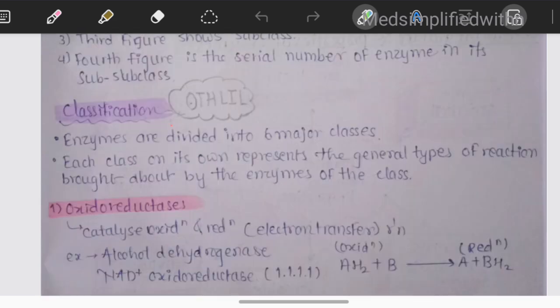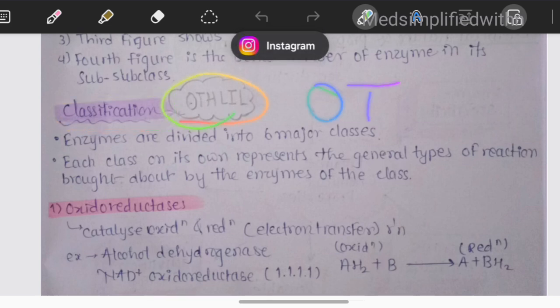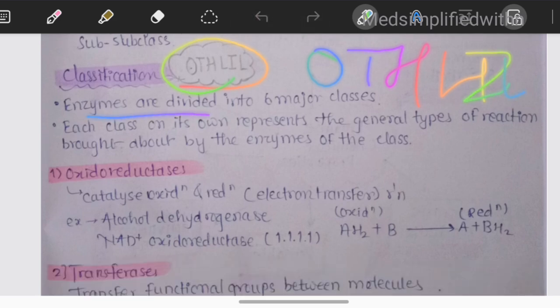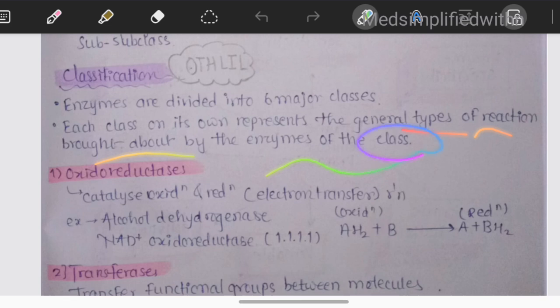See about the classification of the enzymes. Here is a mnemonic for that: OTHLIL. Enzymes are divided into six major classes. Each class on its own represents the general type of reaction brought about by the enzymes of the class.